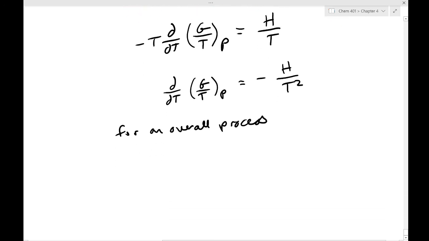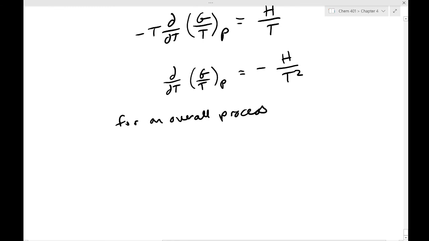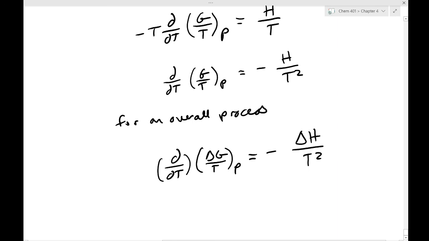For the total process, we can further derive that the partial with respect to temperature of delta G over T at constant P is equal to negative delta H over T squared.